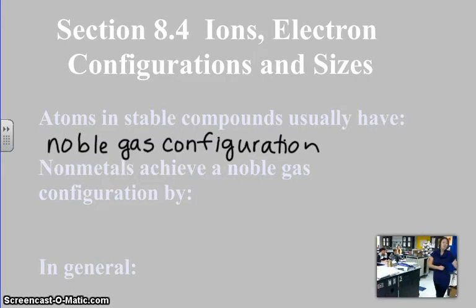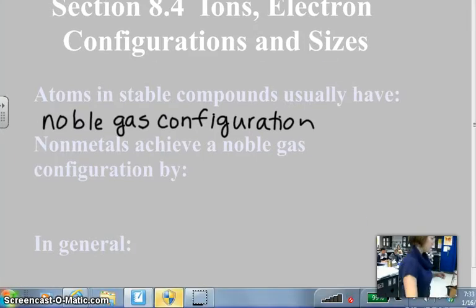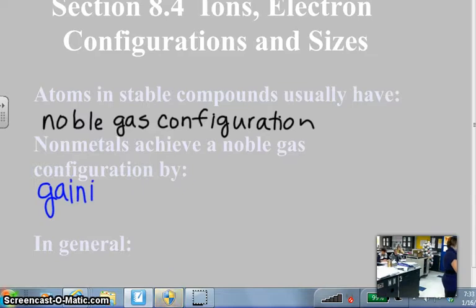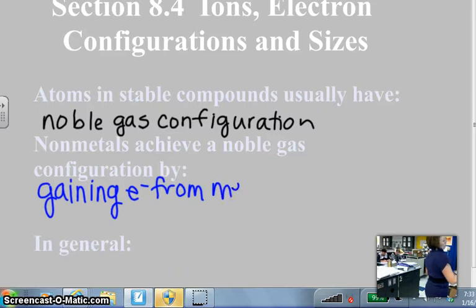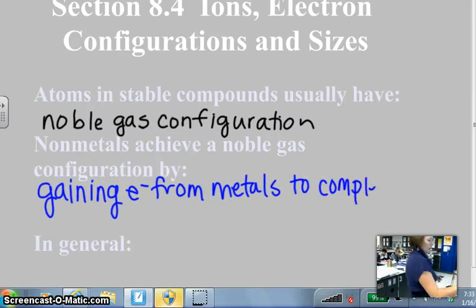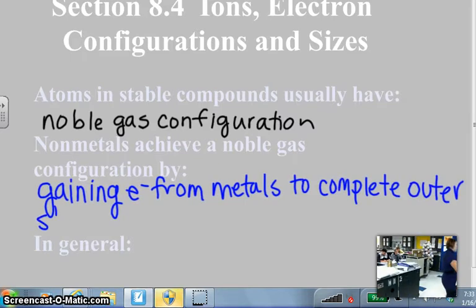All right, so metals and nonmetals achieve this noble gas configuration two different ways. Nonmetals can achieve it either by gaining from metals to complete their outer shell, or by sharing with other nonmetals to complete their outer shell.